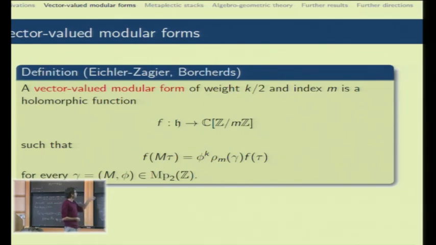So a vector valued modular form is a holomorphic function that takes values in this group ring, and it transforms according to the transformation law of theta functions. So the Weil representation acts on this group ring, and I should stop pointing with this. It's becoming useless.